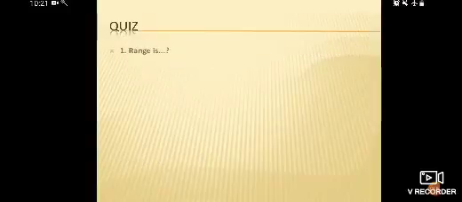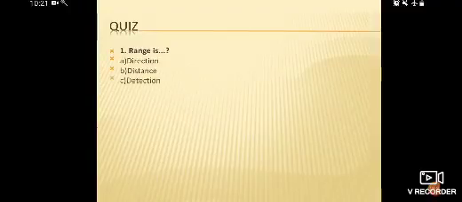Next quiz. Range: what is meant by range? Direction, distance, detection, duplexer.